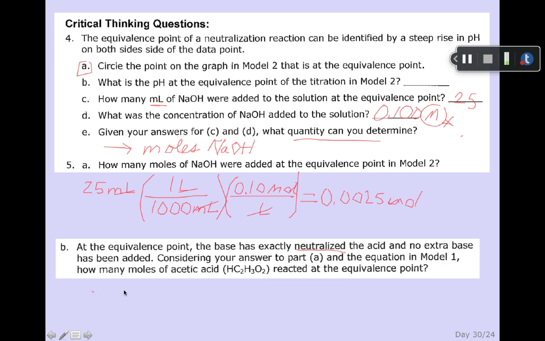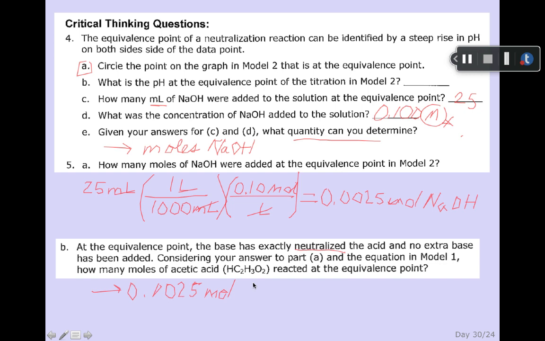So therefore, we would presume that there should be exactly the same number of moles, and it should be what we just calculated for the sodium hydroxide in the previous step. And so the moles of acetic acid that have been neutralized at this point is again 0.0025 moles of acetic acid. And the value should be the same if you have neutralized it.